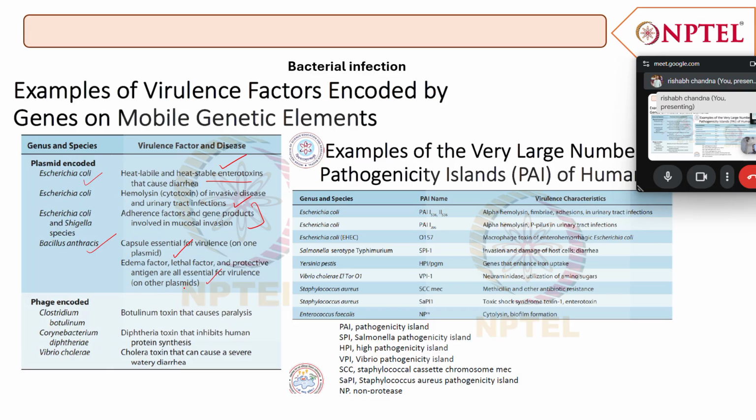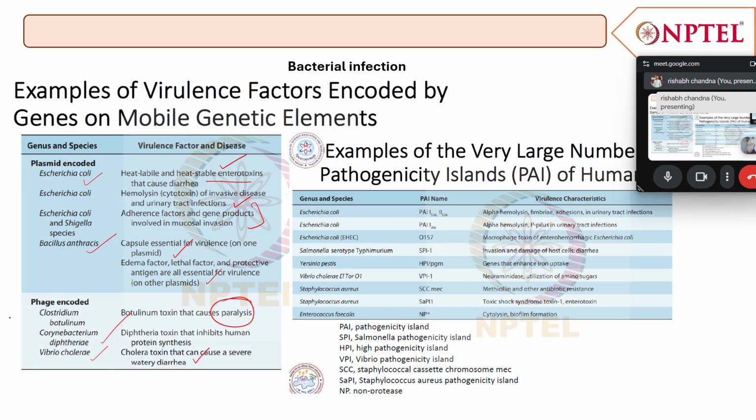Then we have phage encoded genes. Clostridium botulinum contains botulinum toxin that causes paralysis, and this is encoded by a phage. Then we have Corynebacterium diphtheriae, which contains the diphtheria toxin that inhibits protein synthesis in humans. Then we have Vibrio cholerae, with cholera toxin that can cause severe watery diarrhea.